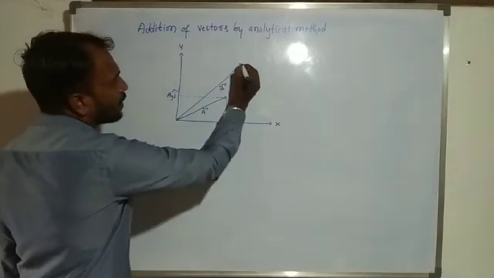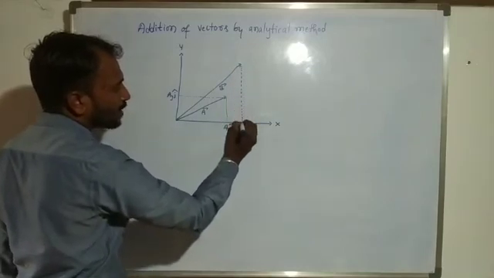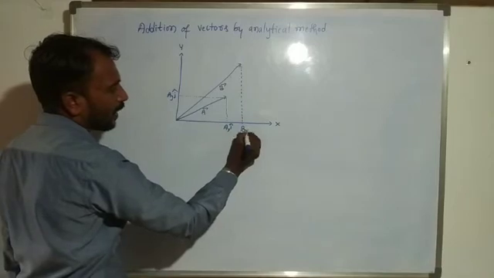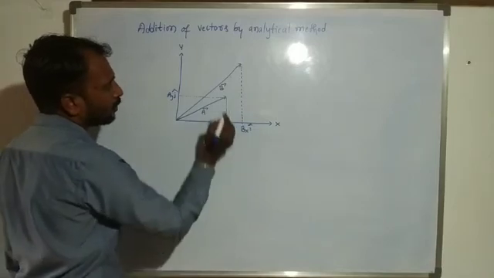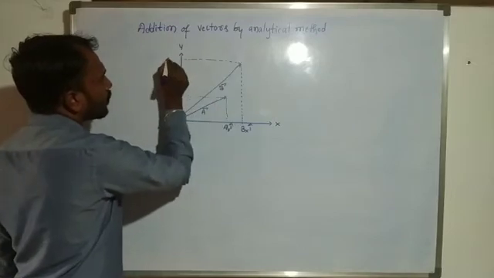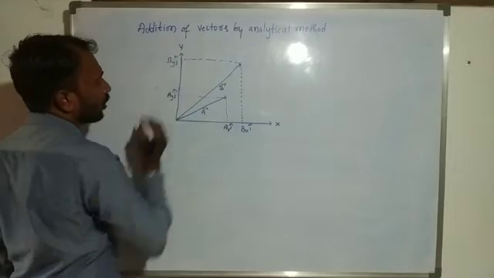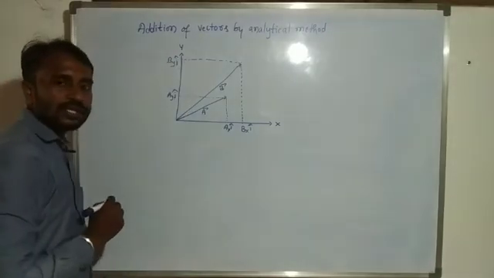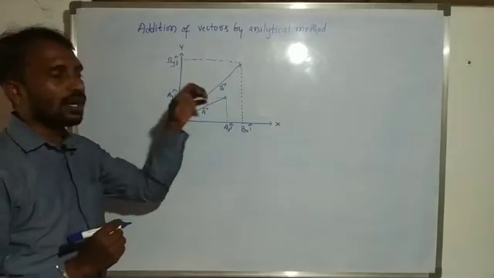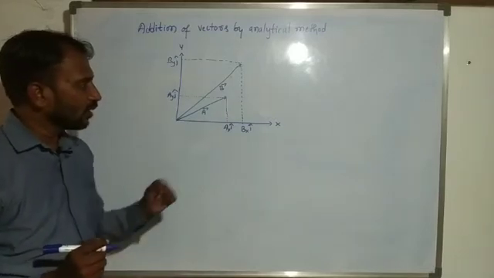And next, the components of vector B: along the x axis, Bx i cap, and along the y axis, By j cap. Here we consider that the two vectors A and B are present in the xy plane.